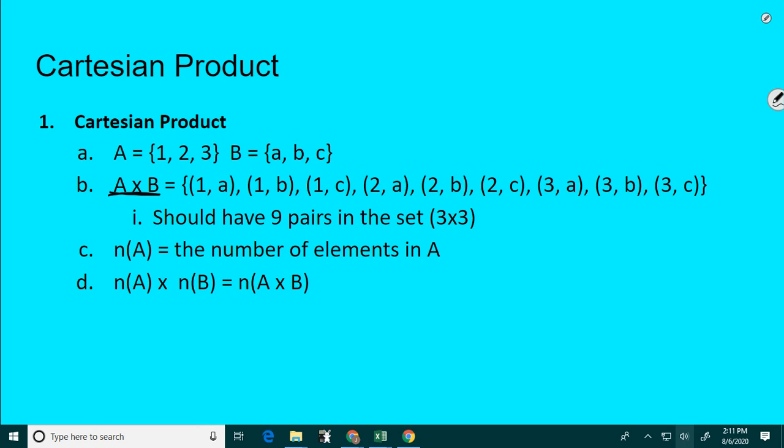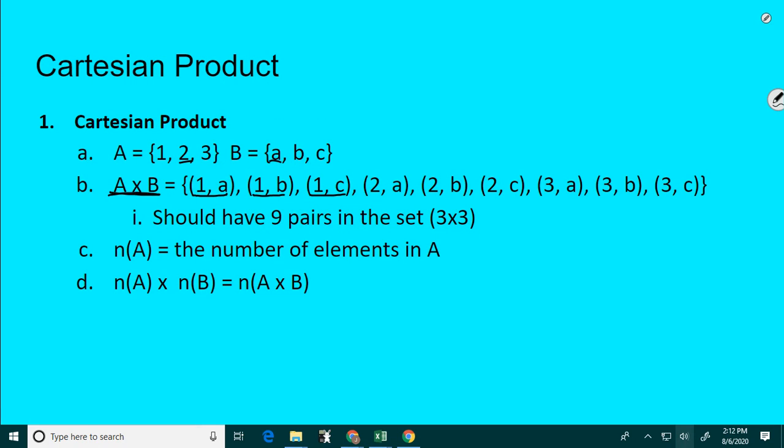In this case, A is 1, 2, 3 and B is A, B, C. My Cartesian product A times B is I just match up 1 with A, then 1 with B, 1 with C. So there's 1A, 1B, 1C. Then I just do the same thing with 2.